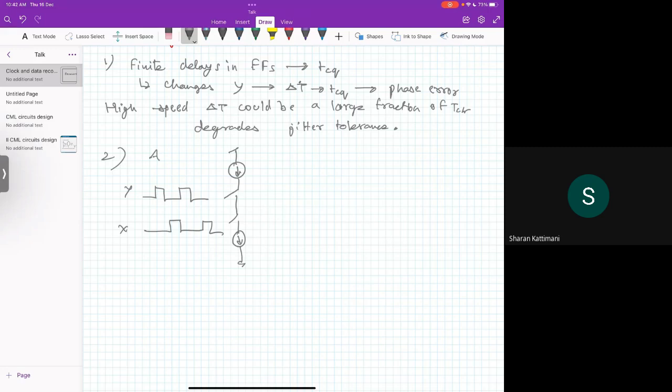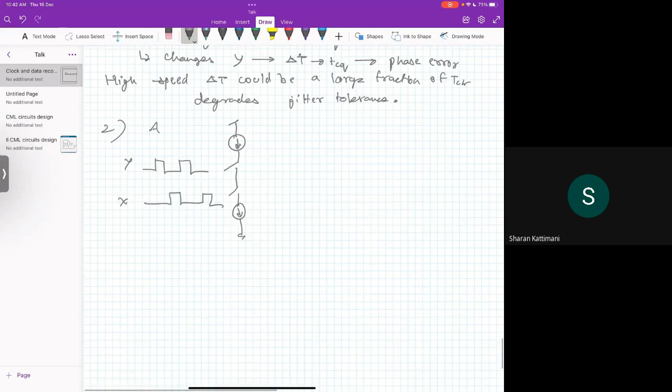What will happen at very high speed is there can be a dead zone issue, when both of the switches are not operating, or both are operating, something like that.